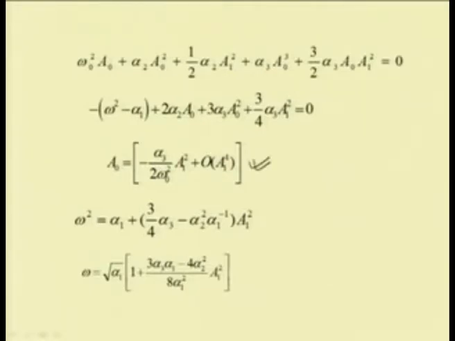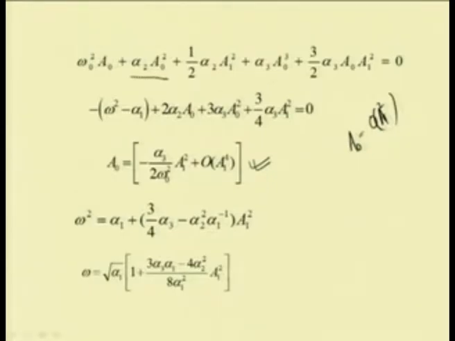We obtain this from this equation. From this expression, we can observe that a 0 is of the order of a 1 square. So a 0 square will be of the order of a 1 fourth, and we can neglect this term.